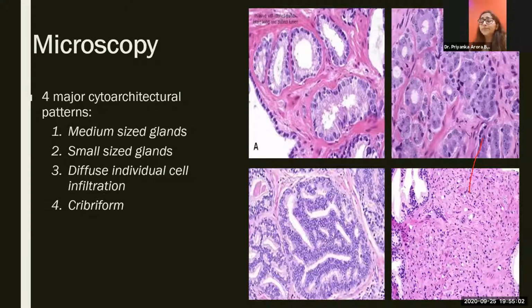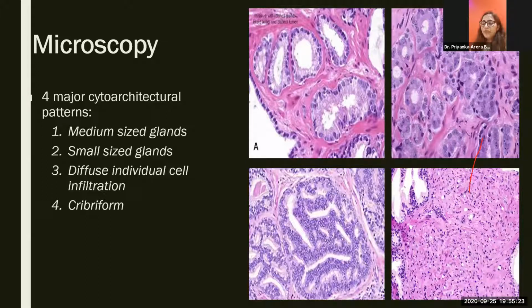Gleason score is basically a number that is given to these patterns, depending on what pattern it is and what we see, and that is dependent on the differentiation of the glandular cells that are present.